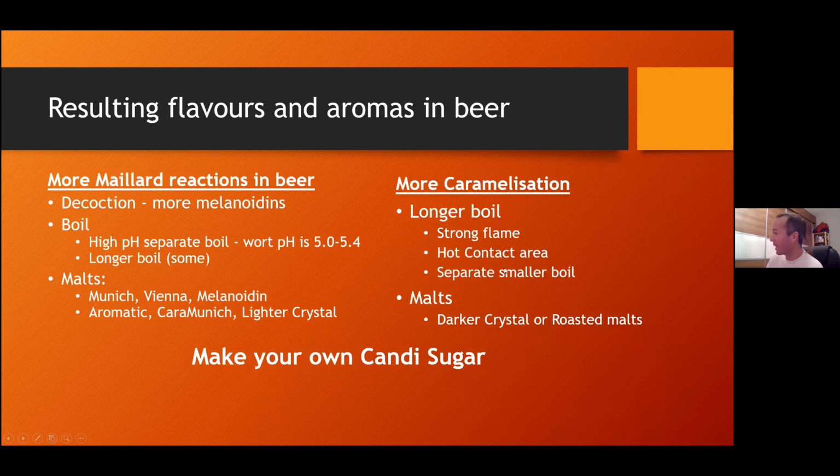So if you want more caramelization, use a longer boil. But this is really interesting: how your boiler is shaped, how strong your flame is, and what your contact surface is matter. If you've got one large flame on a small surface, you're probably going to have more caramelization than a smaller flame over a larger surface.